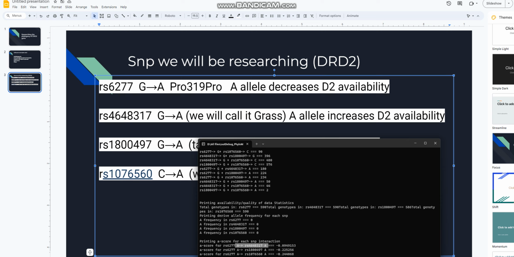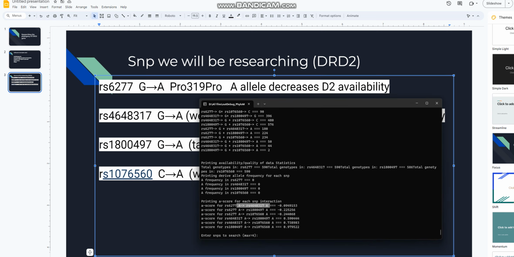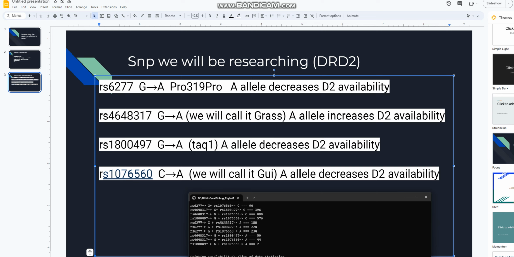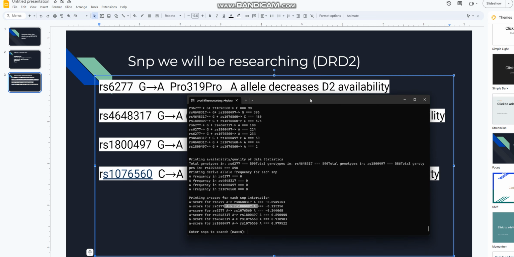The A allele in Pro-Frenetin Pro is also statistically not likely to go together with the A allele in TAC1. It's usually going with the G allele in TAC1, which is the ancestral allele. And the derived A allele in Pro-Frenetin Pro typically goes with the C allele in GUI.